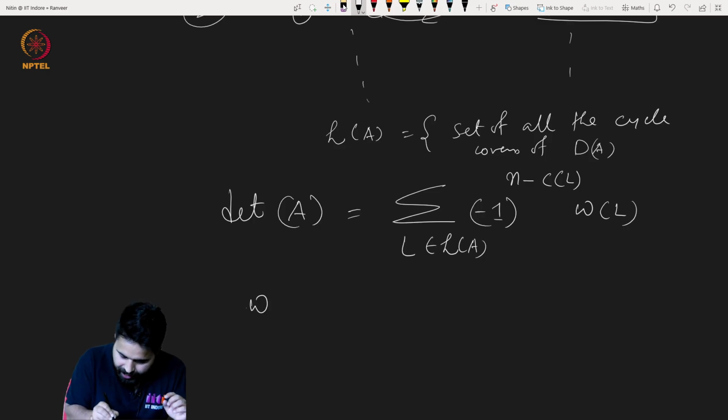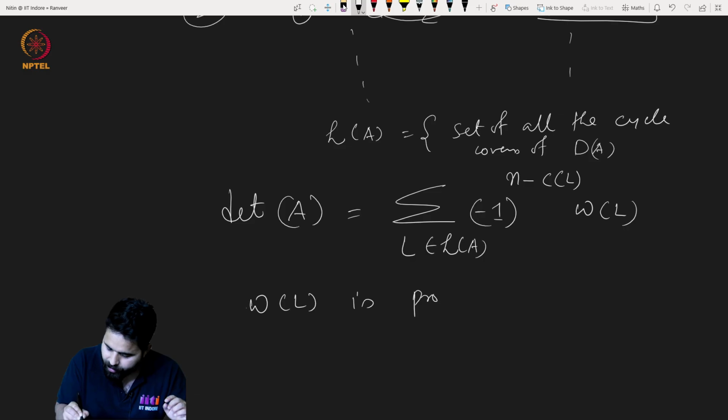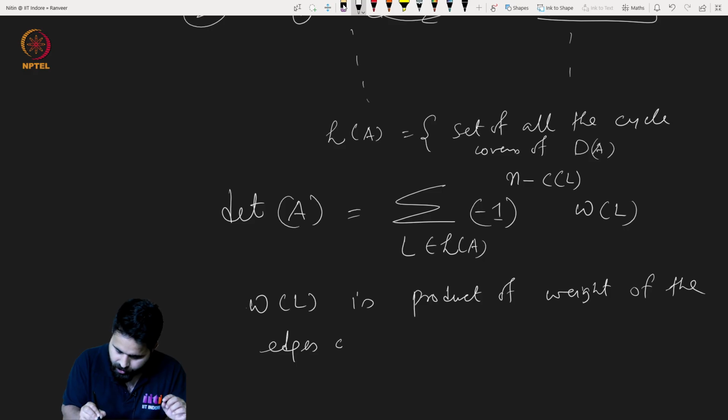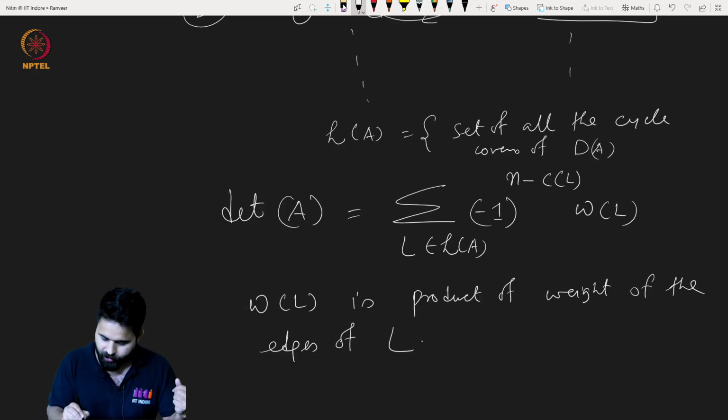Weight of L is the product of weights of the edges of L, all the edges of L. Very good.